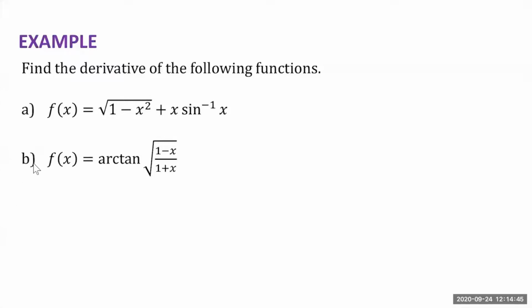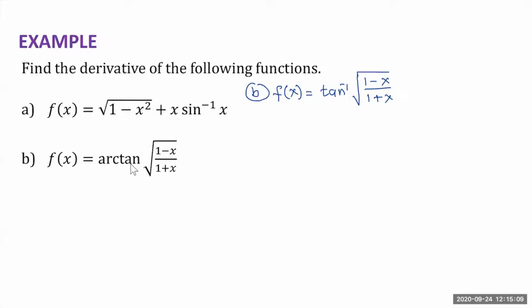Now let's work on part B. In part B, let me write here, we have f of x is equal to arc tangent, meaning tangent inverse, of the square root of 1 minus x over 1 plus x.